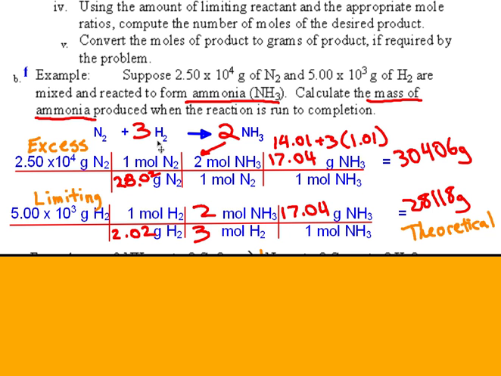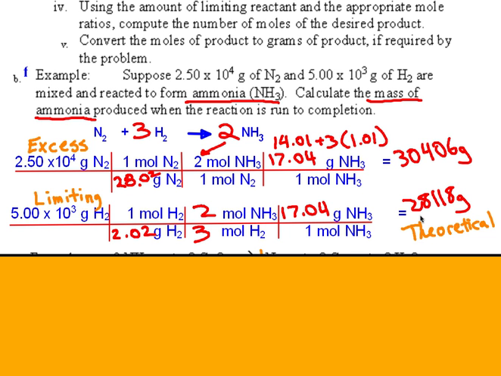And if it stops at 28, you're not going to get up to 30, which means not all of the nitrogen, the 25,000 grams of nitrogen, are going to completely be gone. So there'd be a little bit of nitrogen left over mixed in with that 28,000 grams of ammonia.